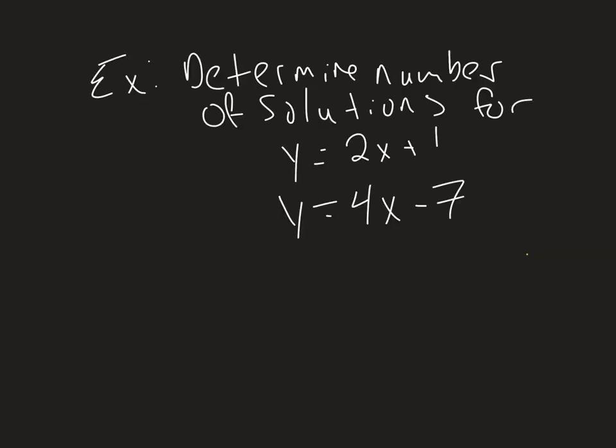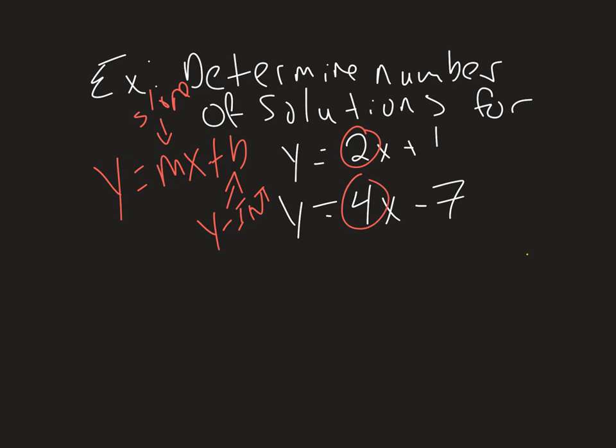So let's put this into practice here. We're not solving this system, but let's say I wanted to give myself an idea of how many solutions I could have. Which possibility am I in? Am I at the point where my lines intersect? Do they not intersect, or are they indeed the same line? If I'm looking at this case, I can look here, and based on my equation structure, which in this case is slope-intercept form, y equals mx plus b, where m is the slope and b is the y-intercept, I have different slopes.